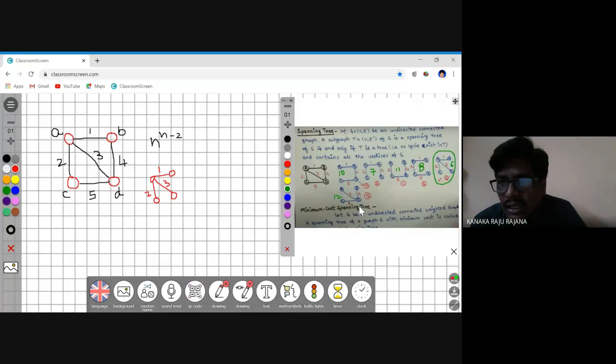Is this clear? Therefore, the minimum cost spanning tree can be defined as follows: for a given graph, if the cost has been calculated individually in different possibilities, then out of all the possibilities, wherever I find the possibility with the minimum cost, that spanning tree is termed as your minimum cost spanning tree.